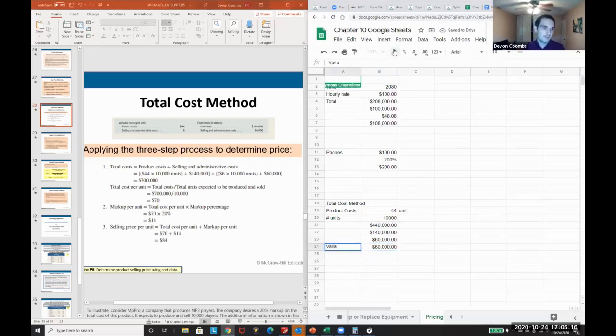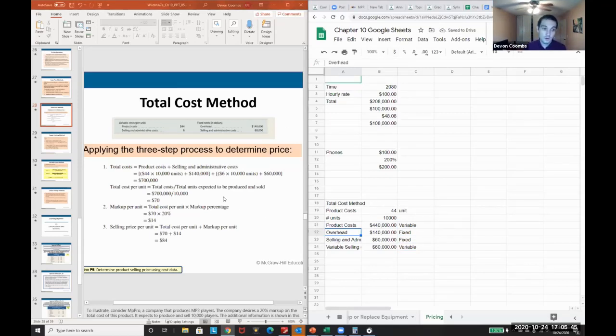We have the variable selling and admin. We have the overhead. We have the selling and admin. That's our fixed, variable. And this is our product costs.